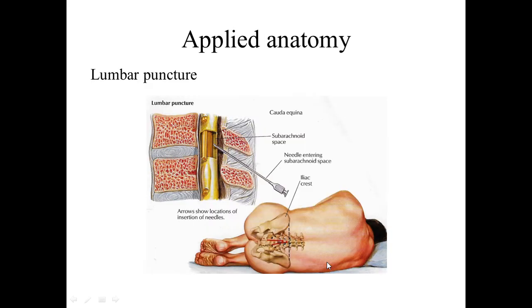Now an applied aspect of the spinal cord is lumbar puncture. The needle is introduced into the subarachnoid space at the level between L3 and L4, and this lumbar puncture is done to give spinal anesthesia or to withdraw the CSF.